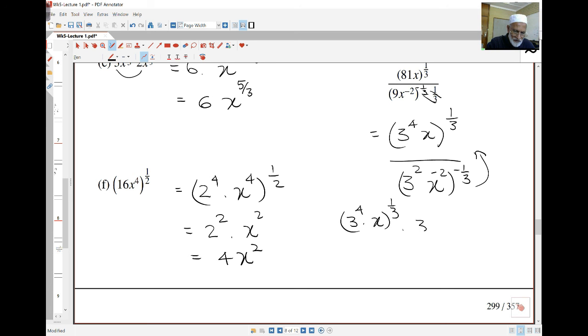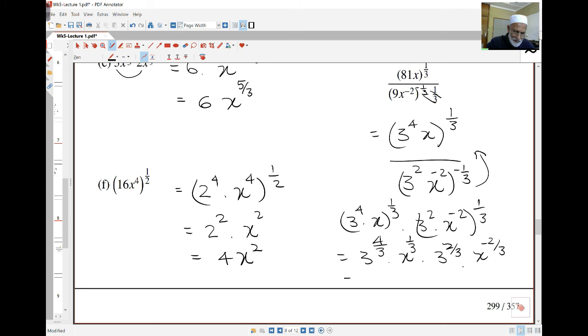Then I get 3 squared times x to the negative 2 to the positive 3rd. So that becomes 3 to the 4 times a third is 4/3, x to the 3rd, 3 to the 2/3 again, and x to the negative 2/3.